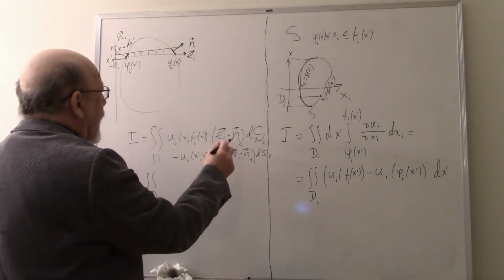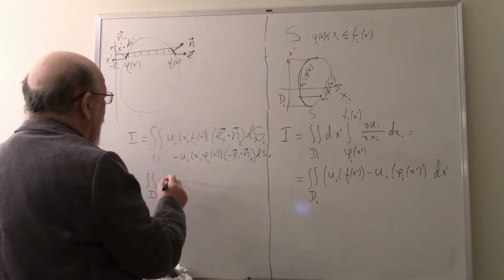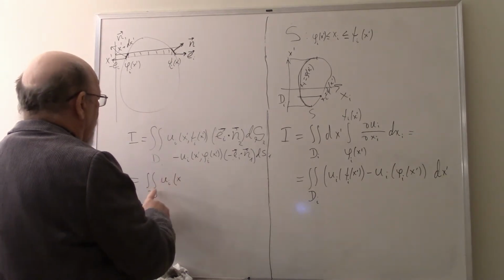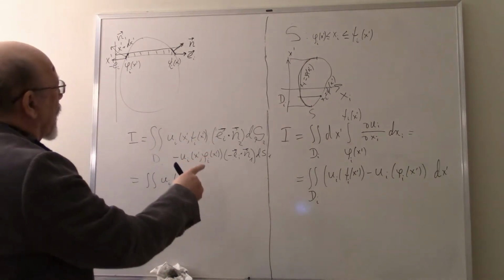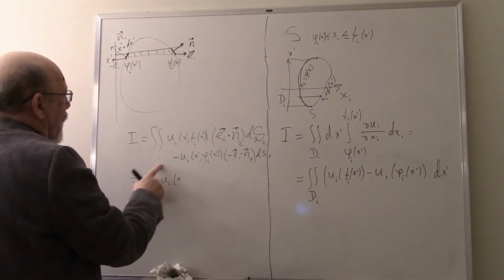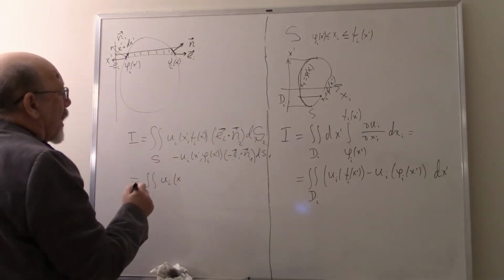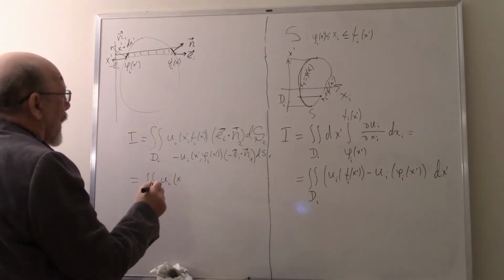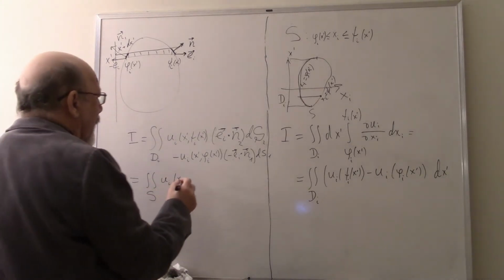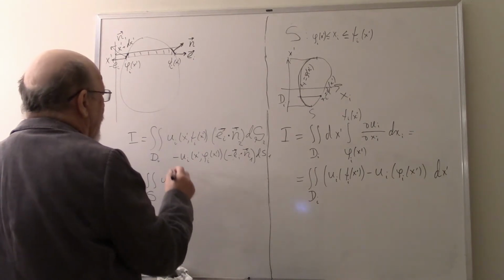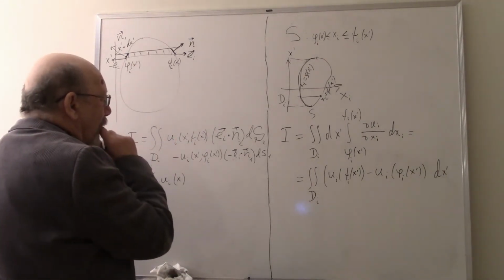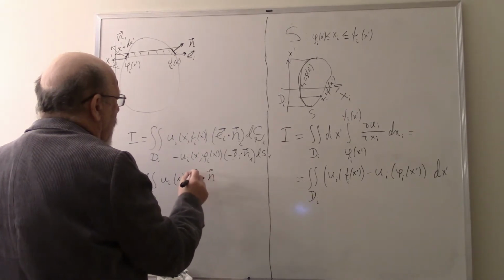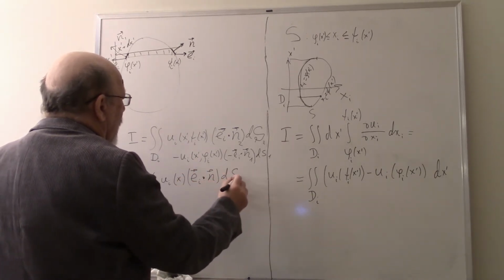And so what we have here is ui of x, in fact we integrate over S, so the integral over S of ui of x, where x is x prime and xi, times ei dot n dS.